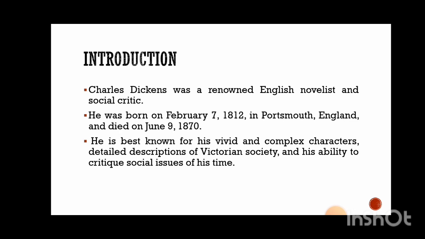He is best known for his vivid and complex characters, detailed description of Victorian society, and his ability to critique social issues of his time. It means whenever he wrote his novels, he put complex characters and details that are related to Victorian society, because he related to Victorian society.